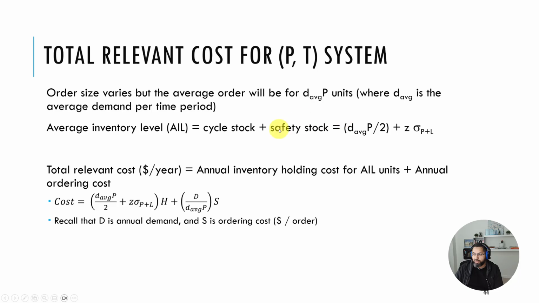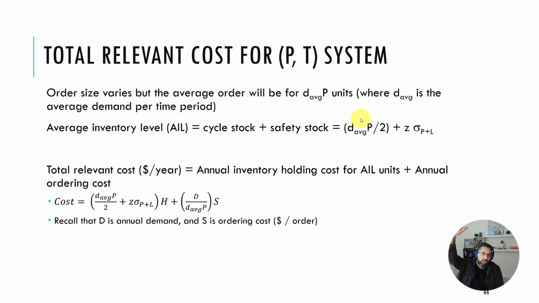Okay, and then the cycle stock in the QR system was Q over 2, but now Q is variable. So on average, the size of the order is going to be average demand times P, because that's how much inventory you use up. So let's say you start with T, the target inventory level. You're going to on average fall down by D times P, daily demand average times P days.